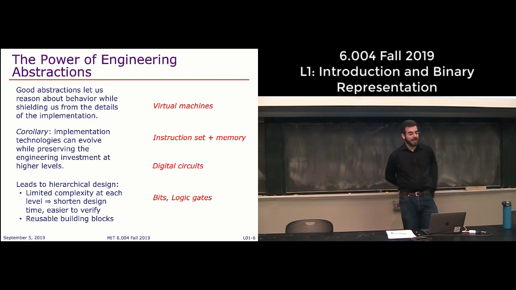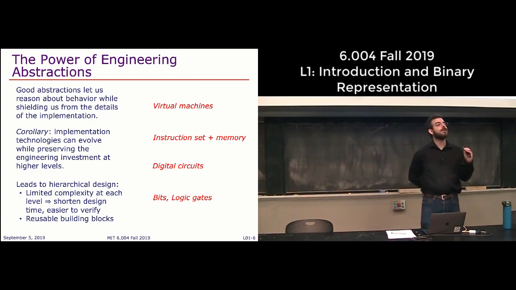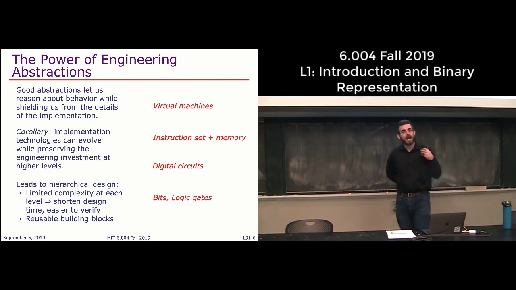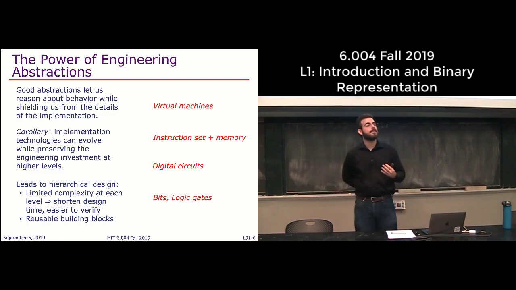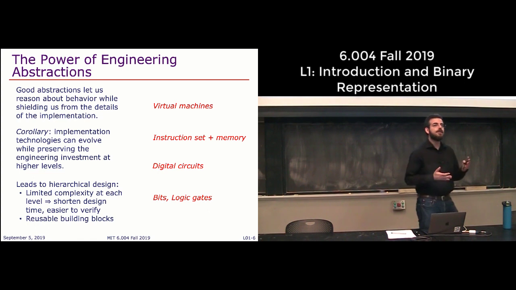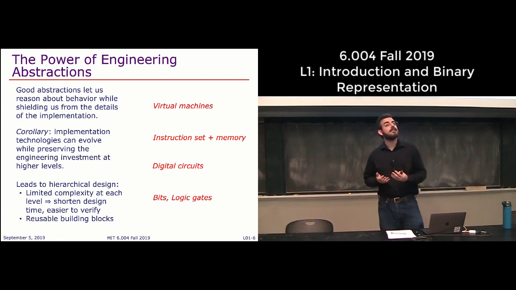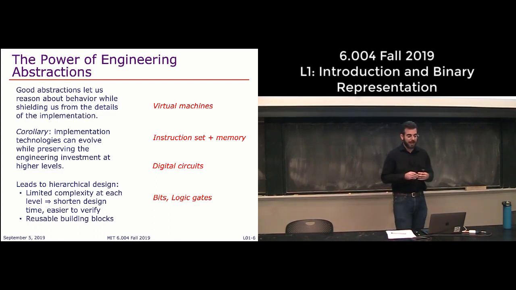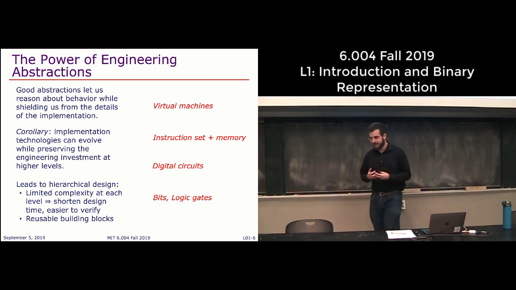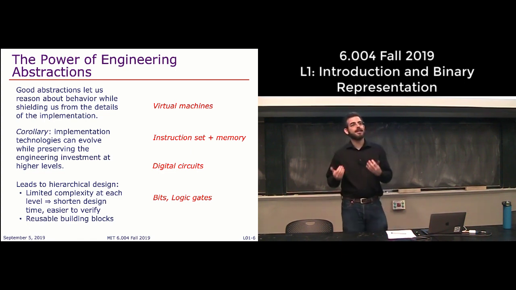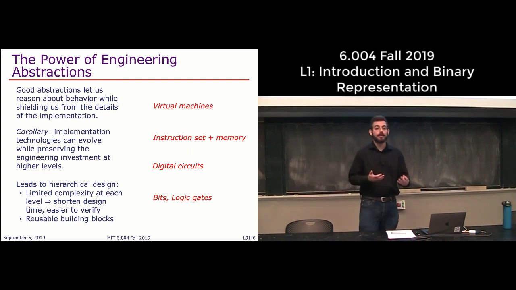Where at each level we have limited complexity, and then we hide the complexity through these abstractions. So, as I said, essentially you get these two benefits from interfaces. You get the fact that you're hiding complexity, and then you can reuse and leverage the investment that you've made at each level and have them evolve independently.